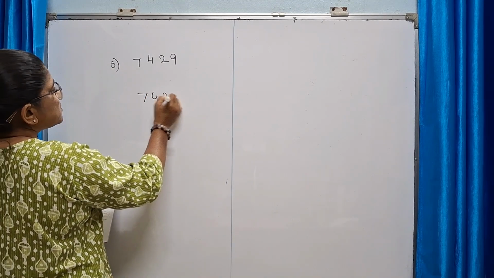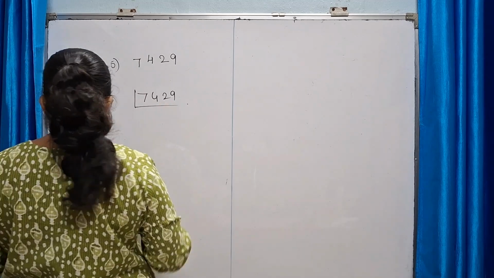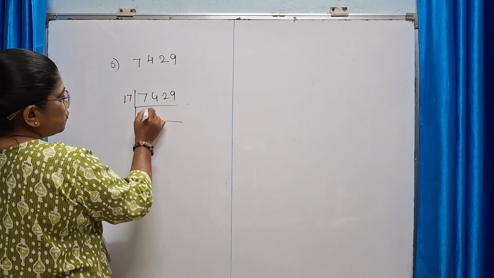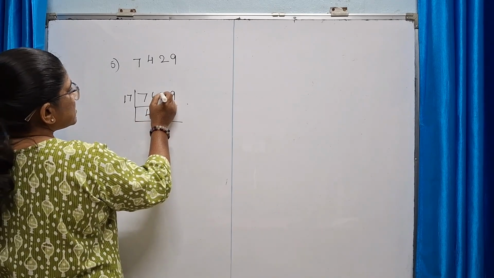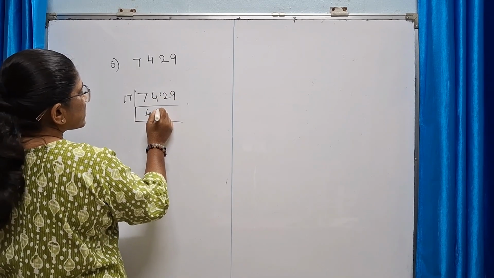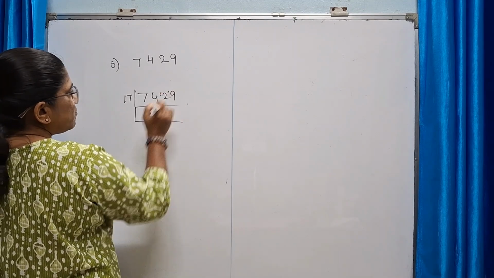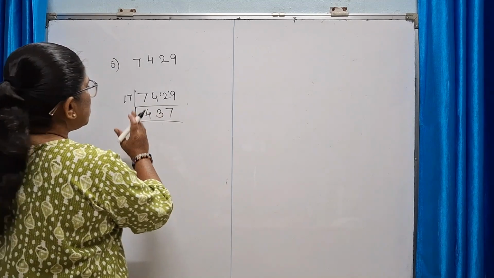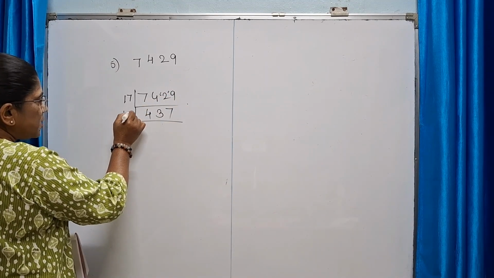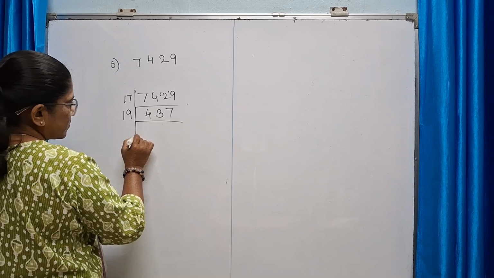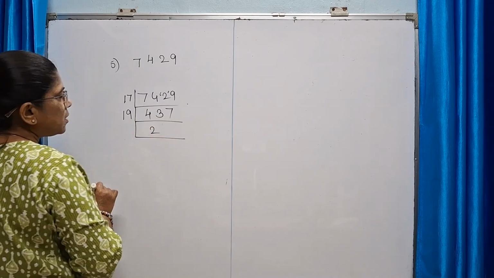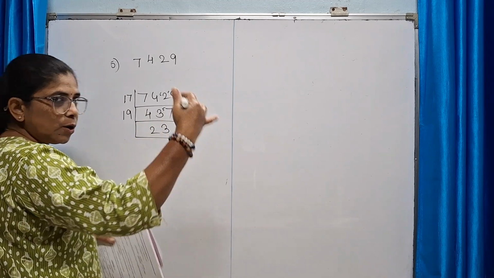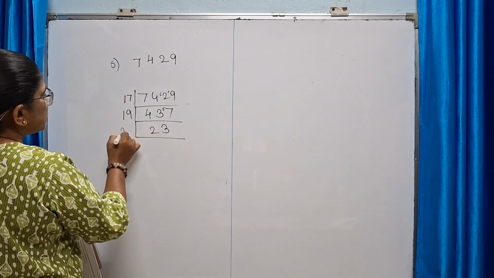The straight way, the prime factor here for 7429 is 17. 17 fours are 68, 6 comes here. 17 threes are 51, 11 comes here. 17 sevens are 119, 437. Next number here is 19. 19 twos are 38, 5 comes here. 19 threes are 57, 23 is also a prime number.